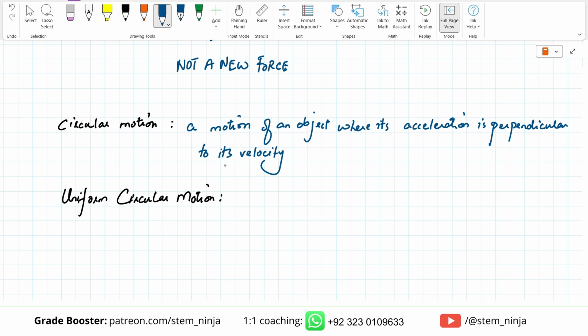So uniform circular motion will have just one thing: the constant speed.